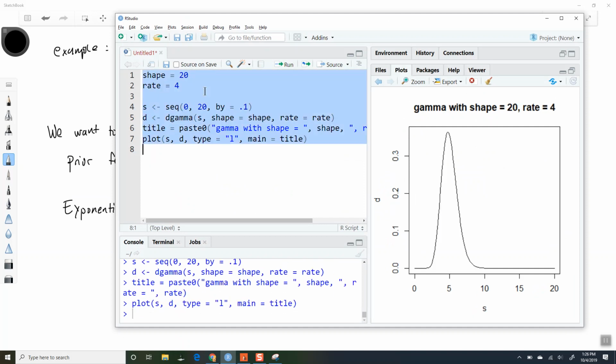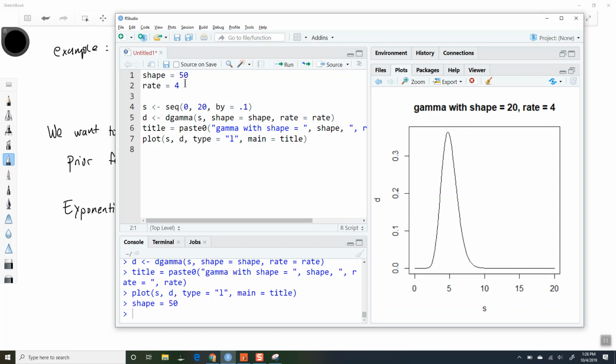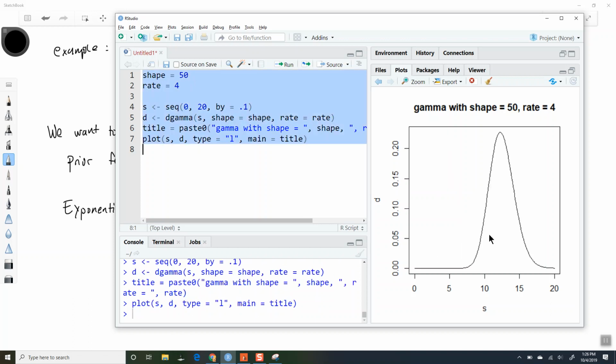Now we're positioned a lot higher, and you can also see what effect changing the shape does, right? If I go to 20 and then up to 50, it shifts the whole thing up.